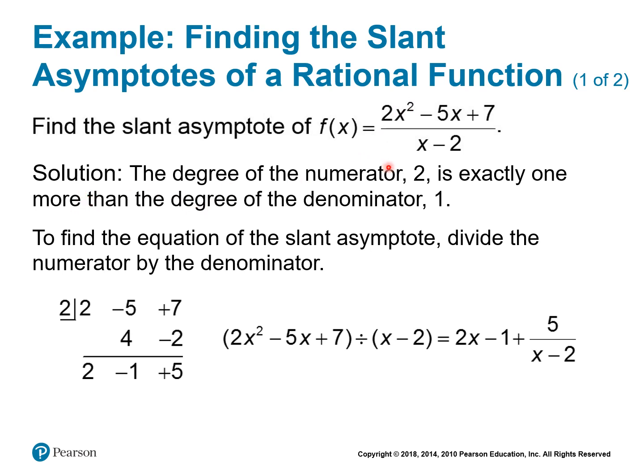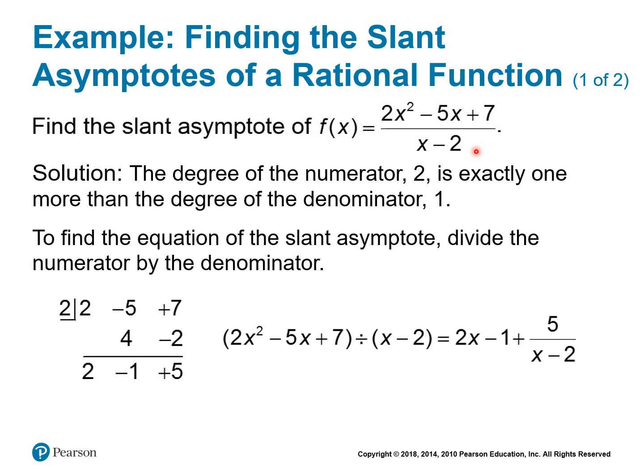Okay, so once we make sure that condition is met, we can go ahead and find the slant asymptote, or rather the equation of the slant asymptote. The way we do that is by dividing the numerator by the denominator.